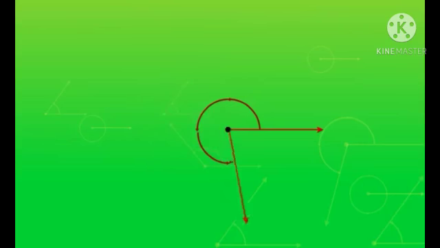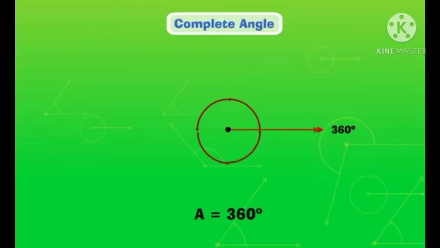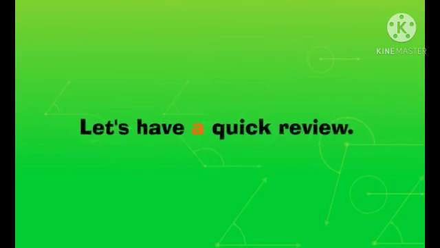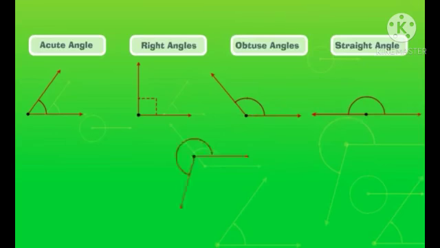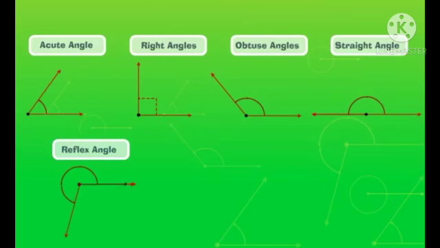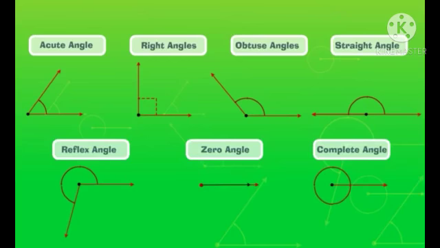This type of angle is called a complete angle. Let us have a quick review. Acute angle, right angle, obtuse angle, straight angle, reflex angle, zero angle, complete angle.